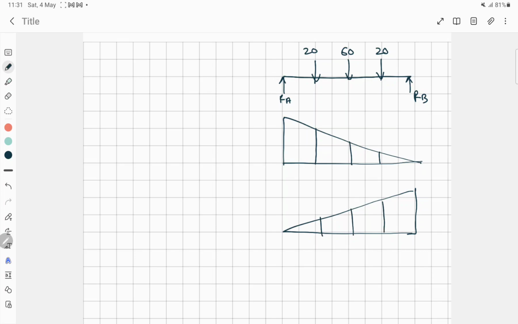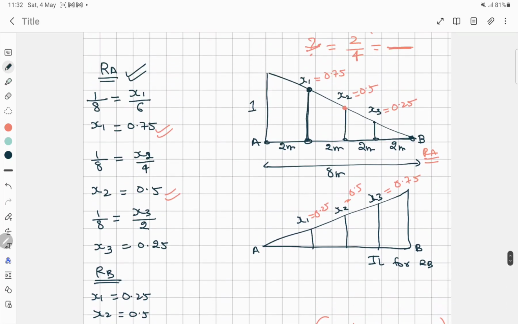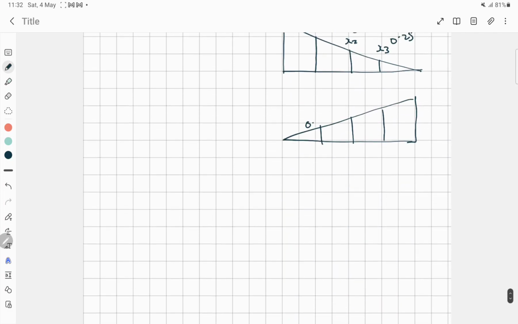Okay, we have all the values with us, x1, x2 and x3, and the values were 0.75, 0.5 and 0.25, and the opposite of this one is here in case of IL for RB: 0.25, 0.5 and 0.75.